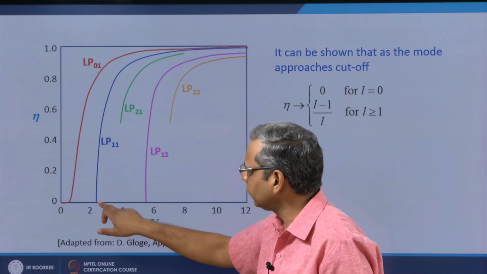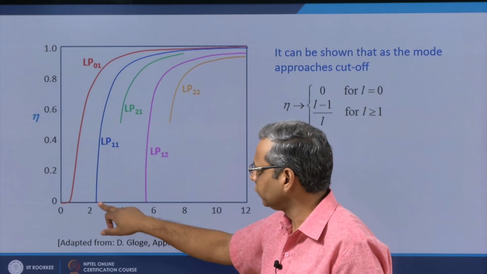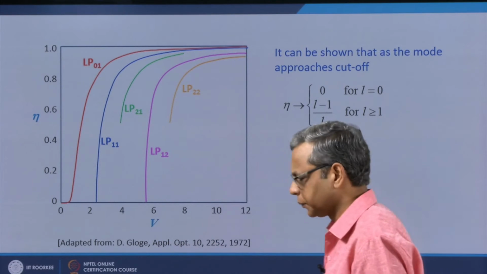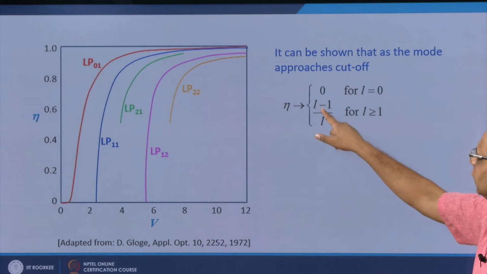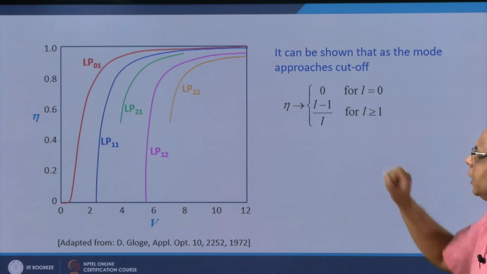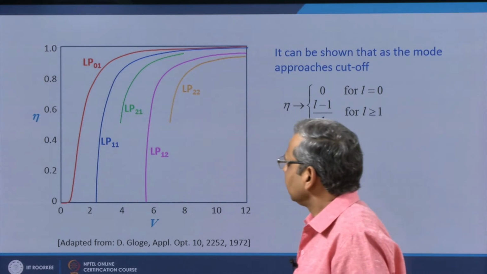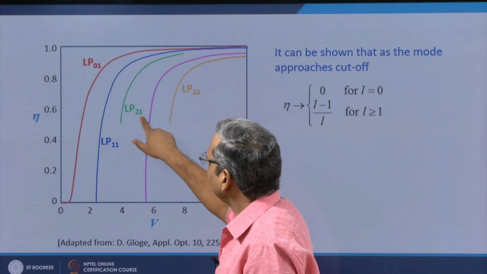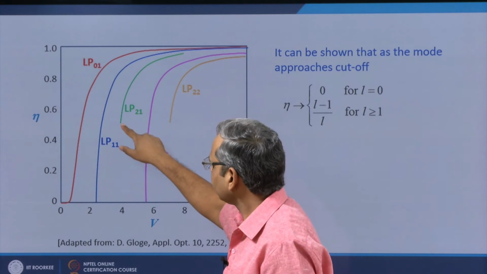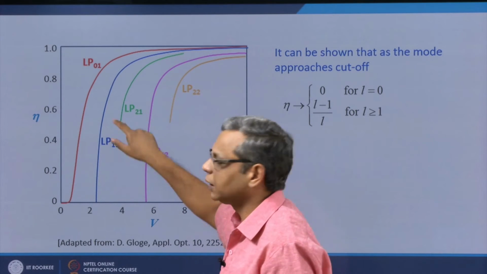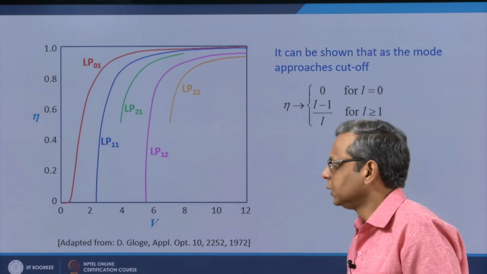So, as I approach cutoff at 2.4048, it will start from 0. However, for L is equal to 2 mode, this would be half. So, for L is equal to 2 mode, LP21 mode, the cutoff is around 3.8. So, around 3.8 it will start from 50%.